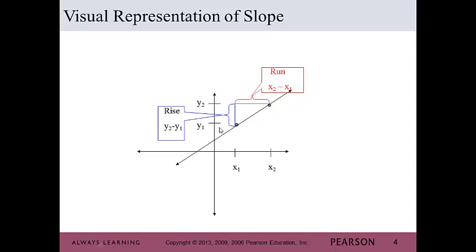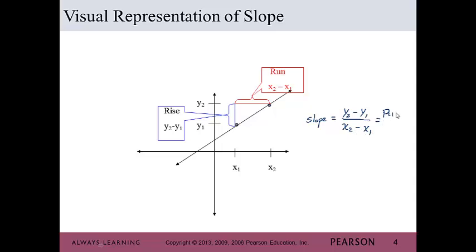So here's a visual representation of the slope. You see the rise is a difference in the y2 and the y1. And then the run is a difference in the x1 and the x2. By formula, slope is equal to y2 minus y1 divided by x2 minus x1.